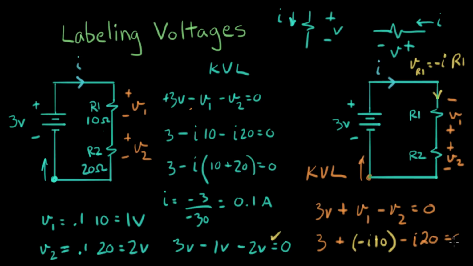And that all equals 0. So even right now, if you look at this equation, you see this minus sign that snuck in here because of our good use of the sign convention for passive components. That makes this equation look just like this one here. So let's continue with the analysis.